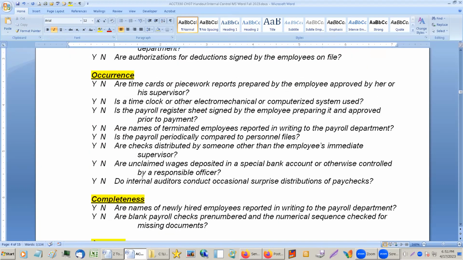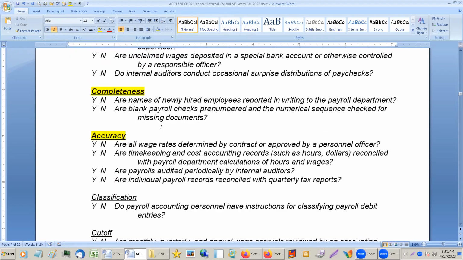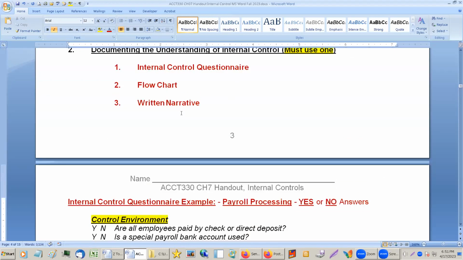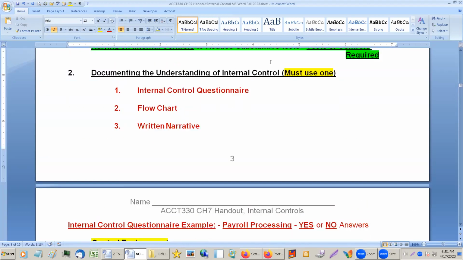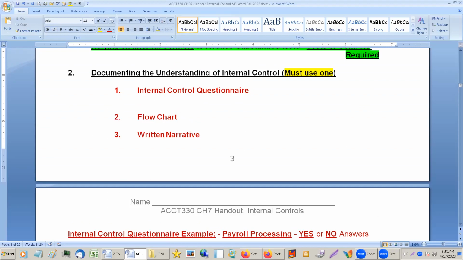Now, the good thing about internal control questionnaires: you take the pros and cons.